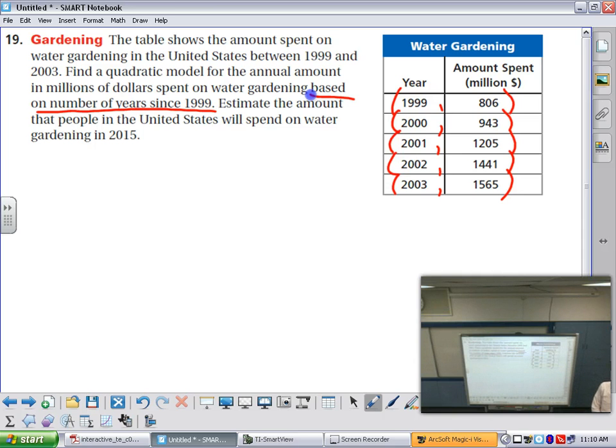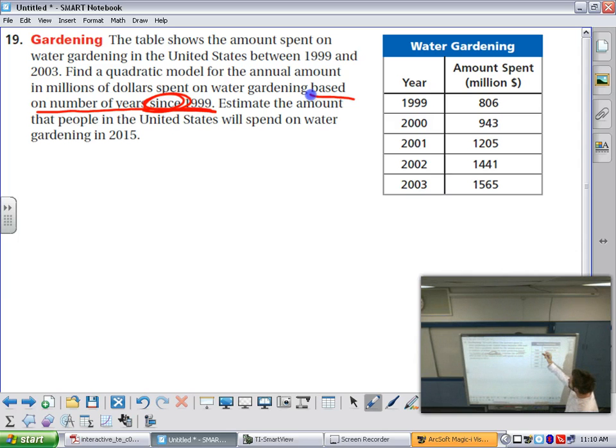You'd get the right answer. But if we're going to really listen to what the problem says, technically, they didn't want us to do that, because they wanted us to base it on the number of years since 1999.